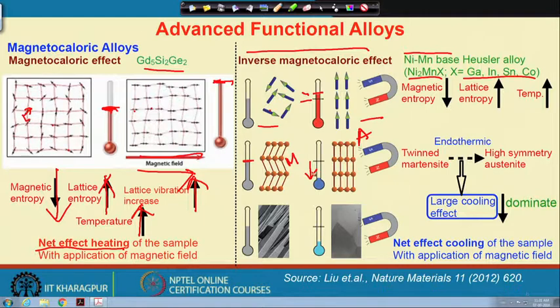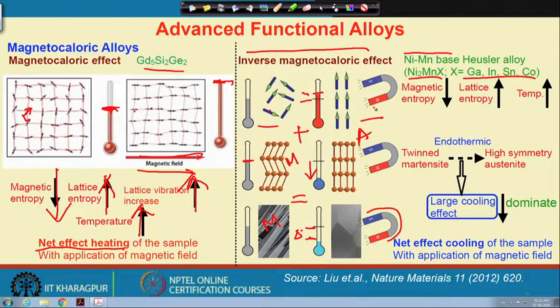This is an endothermic reaction, so the temperature of the material decreases. On the other hand, due to magnetic spin alignment, the temperature increases. So, the net result is basically a decrease of the temperature. This is delta T, and it is just a summation of these two effects.